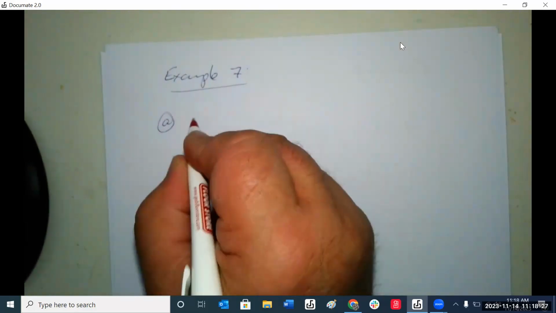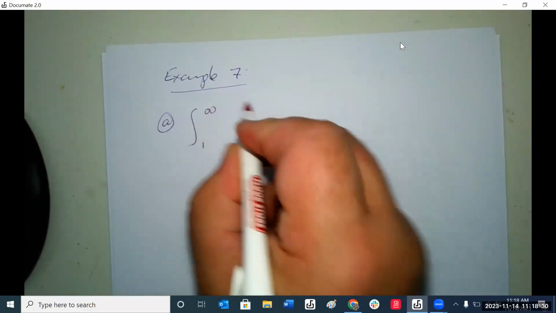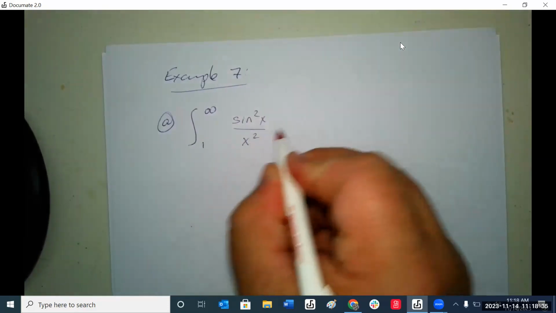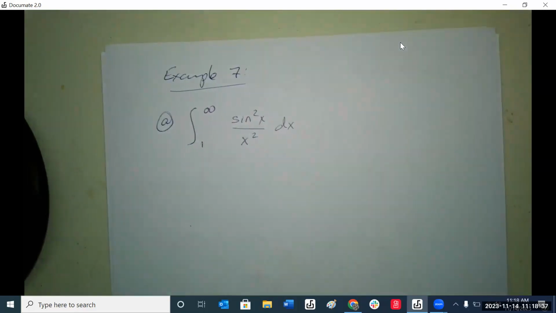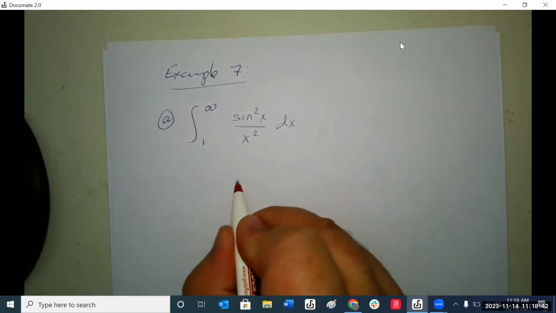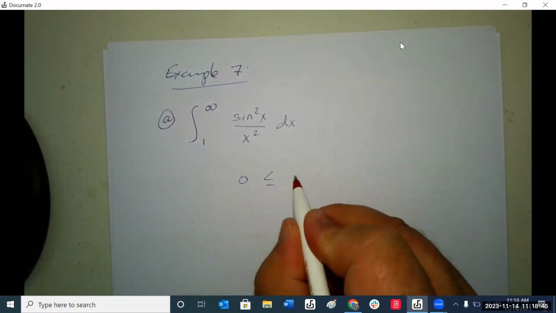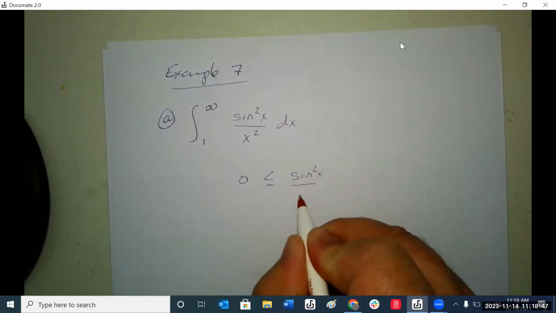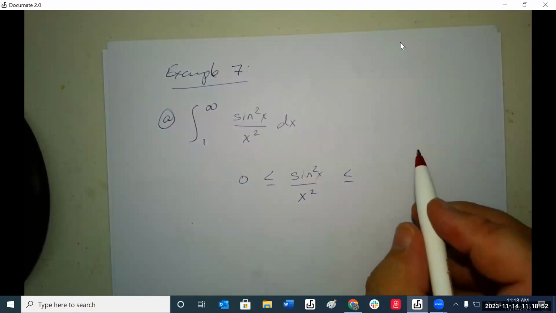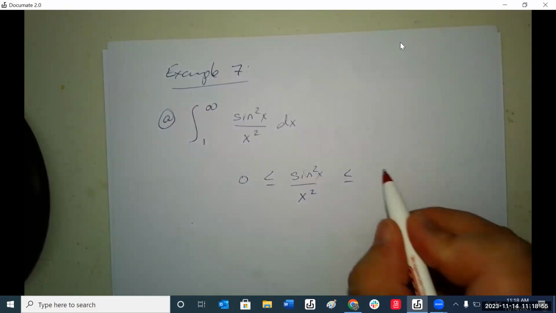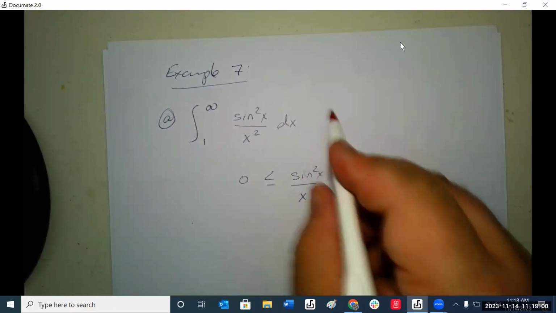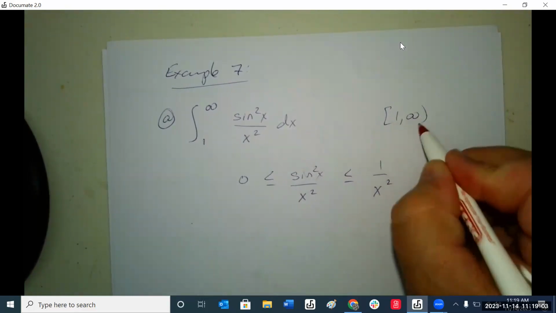A: the integral of sine squared x over x squared dx. Just remember we're on the interval 1 to infinity.